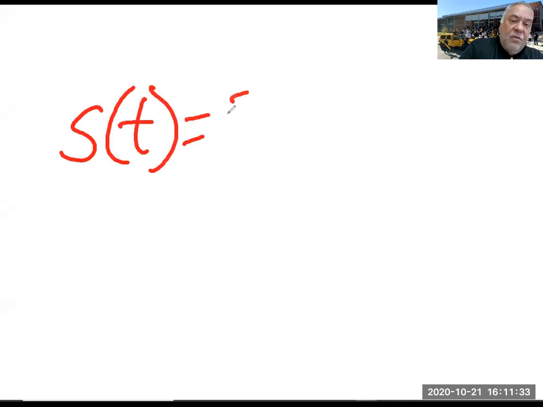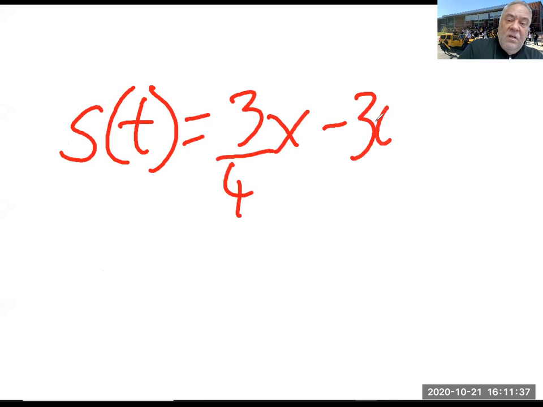Okay, for number 17, it says, what is the 0? Or it might give you this function and say, what is the 0? Remember, the 0 is the x-intercept. And the x-intercept is when y is equal to 0.